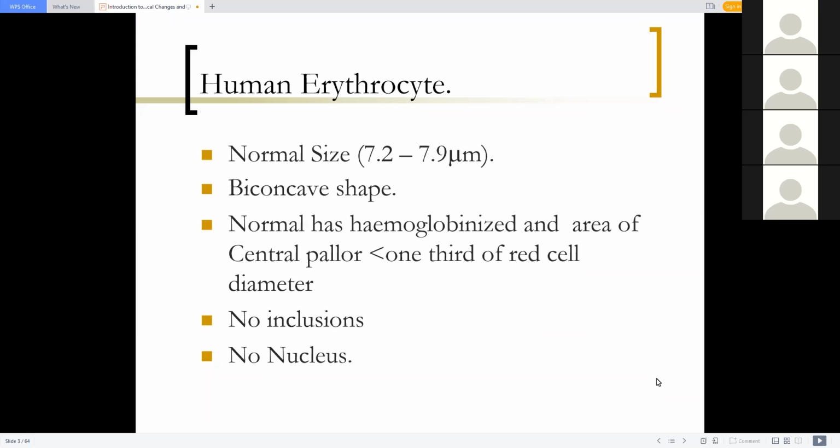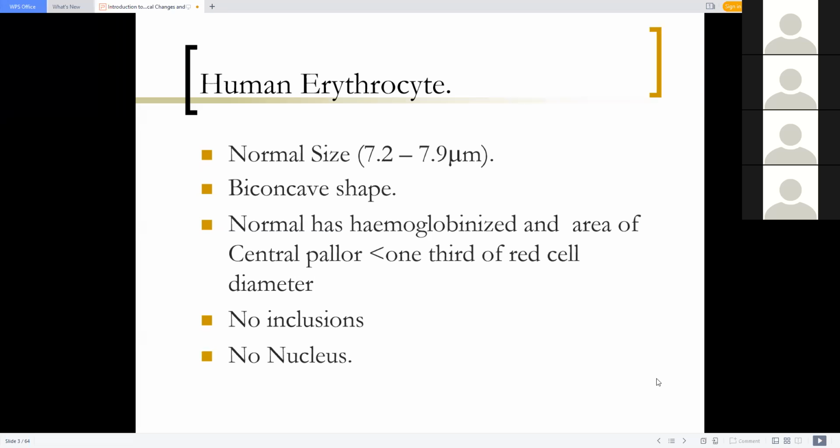So most of the red cell is full of hemoglobin, and there is an area of central pallor, which on a two-dimension looks like a pale area. But we know that in a three-dimension, it's the biconcave shaped red cell that looks like a donut. The red cell has no inclusions because it extrudes its nucleus, it's a unique cell among all the other somatic cells.